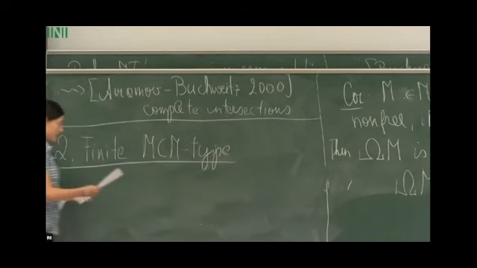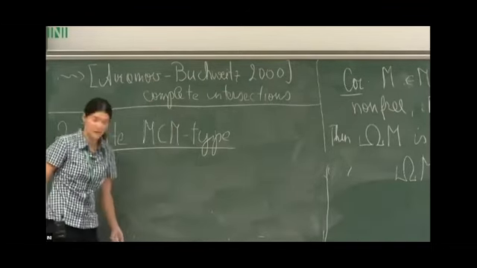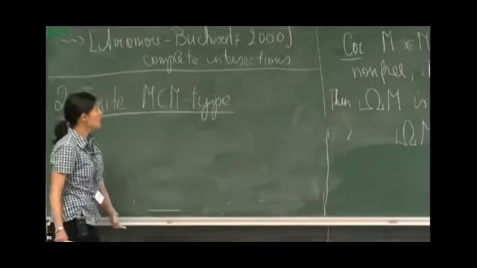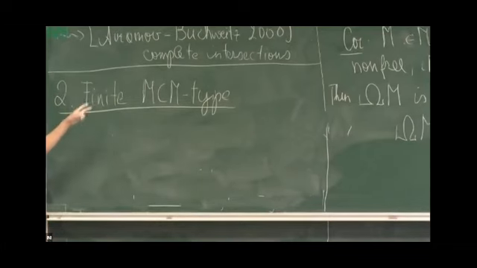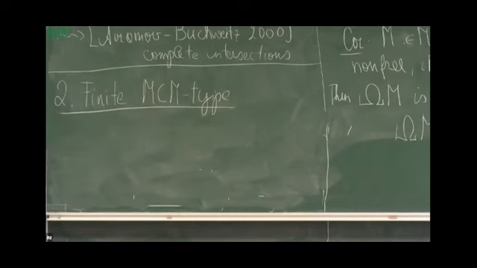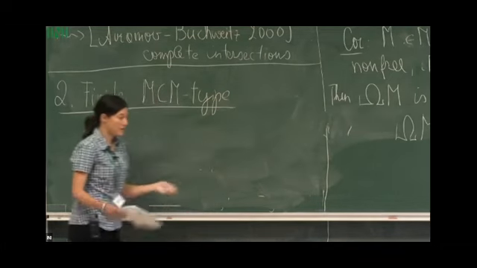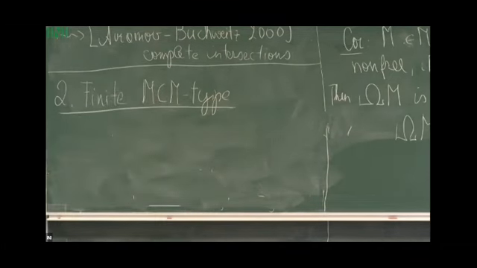The goal is, well, let's see how far I get. But the goal is to show you, at least for hypersurfaces, these finite Cohen-Macaulay type hypersurfaces are completely classified, and I'll show you how this can be proved.